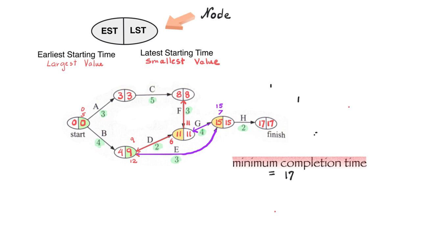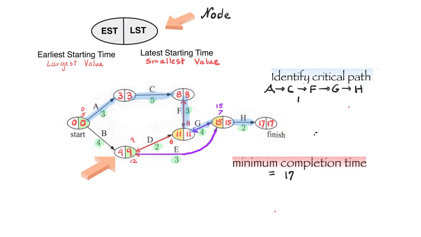And this was achieved through a critical path of A, C, F, G, H. So you notice both that the earliest starting time and the latest starting time in all of these nodes was exactly the same.